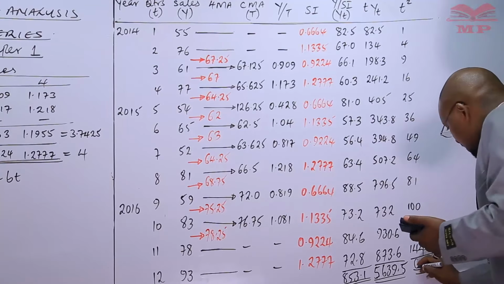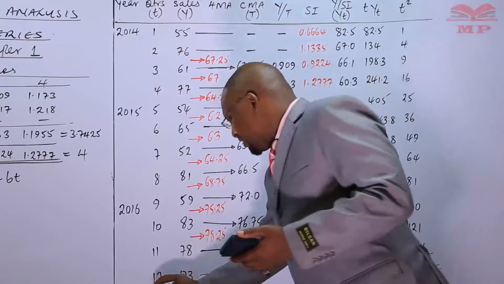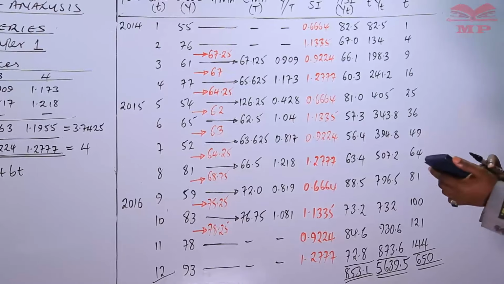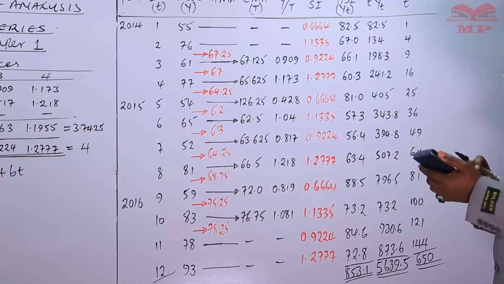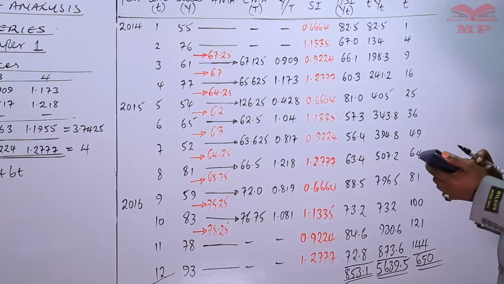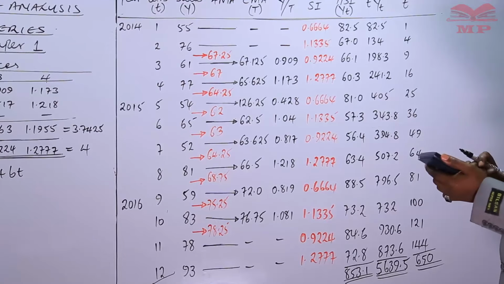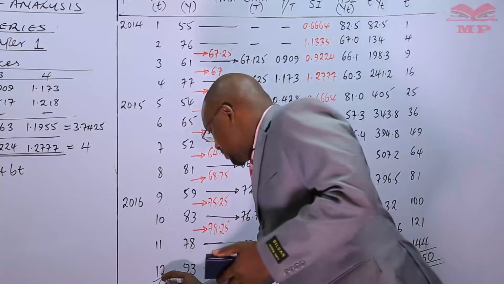This is 650. And then t. Should you want to add t: 1 plus 2 plus 3 plus 4 plus 5 plus 6 plus 7 plus 8 plus 9 plus 10 plus 11 plus 12. This should be 78.